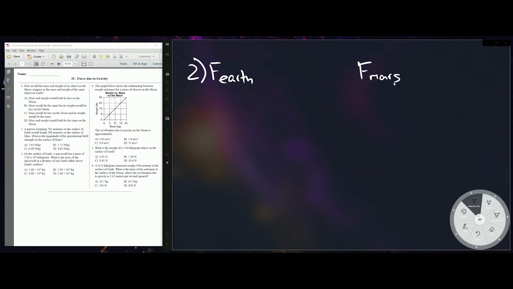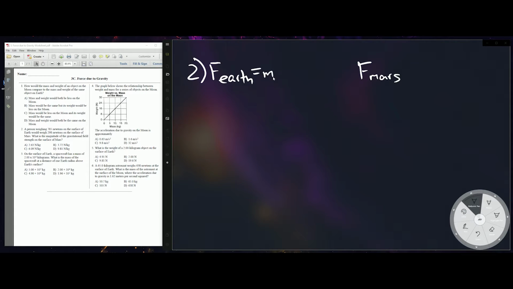There's another way you could have solved it without even calculating mass. Let's call it F Earth and F Mars.